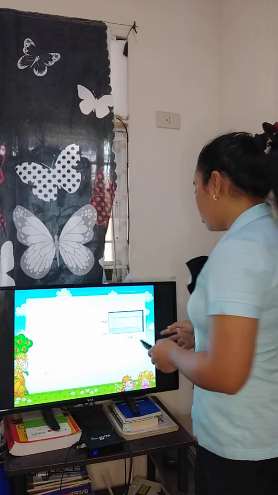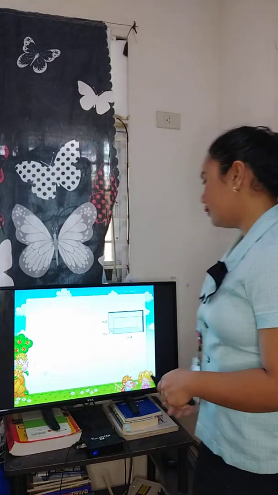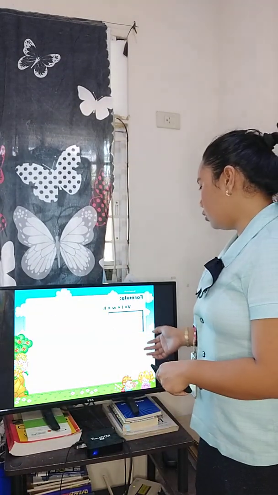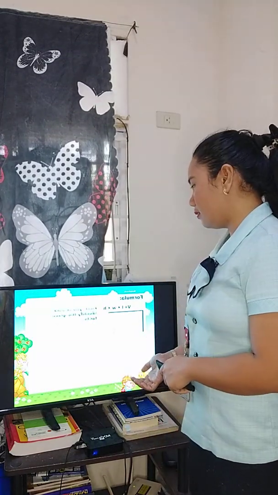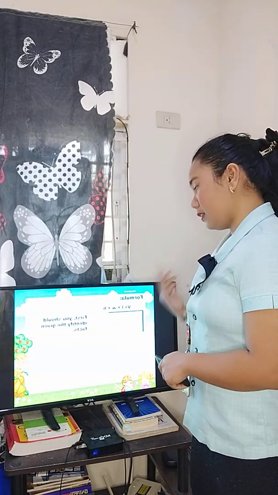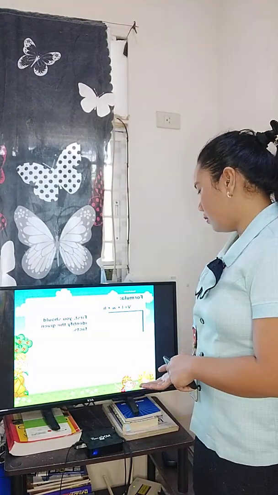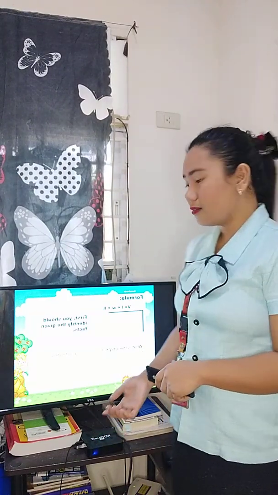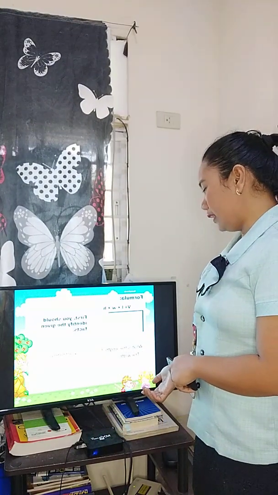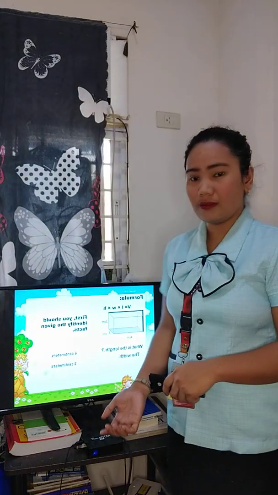To get the volume of a rectangular prism, class, you must follow the formula. Please listen. The formula: volume equals length times width times height. First, you should identify the given facts. What is the length? 4 centimeters. The width, 3 centimeters.